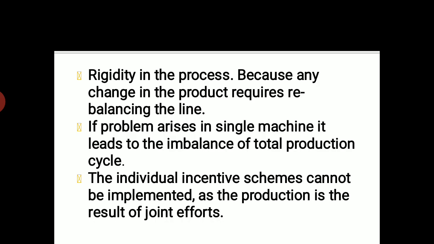Under the product layout, you will never come to know who has done what. That means if 35 people are working on 5 different machines, that is 7 at a time, right? Out of these 7 people, who is doing his job very well, how his incentives can be provided, how he can be motivated with incentive plans, cannot be done under the product layout.